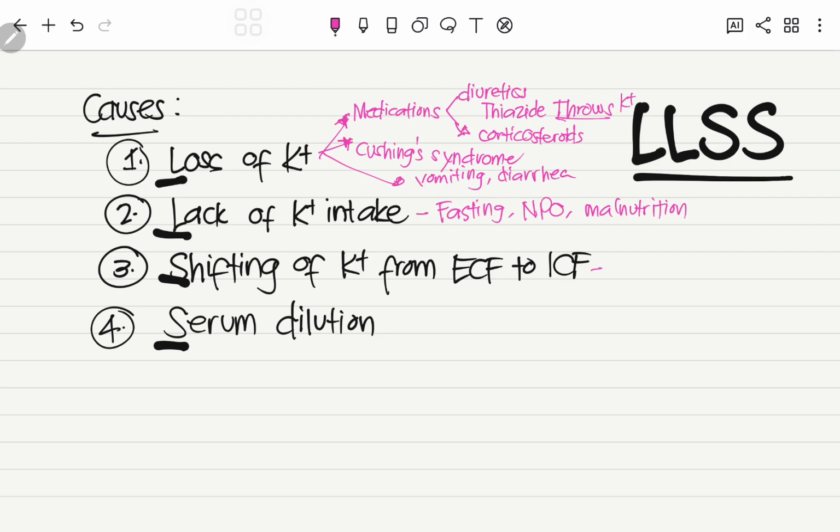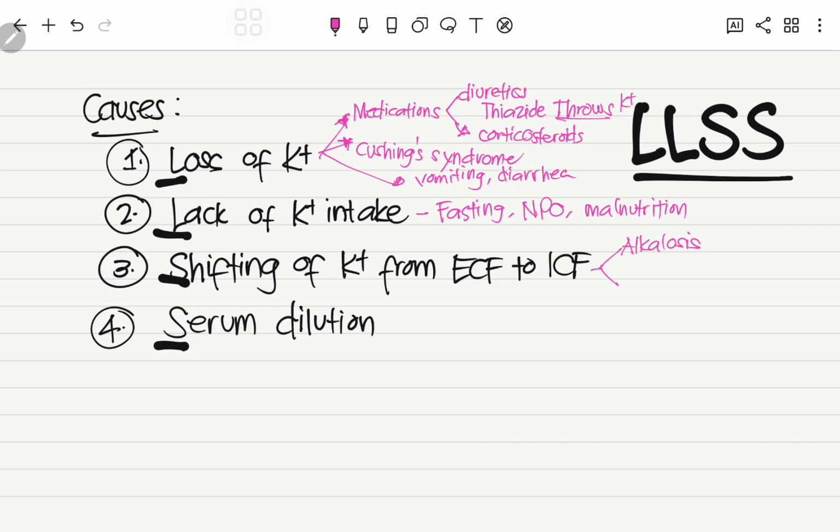So, ano ba yung mga condition that can lead to this one? Meron po tayong dalawang pinaka-famous dito. Number one is the condition of alkalosis. Tandaan po natin yan, that alkalosis leads to the shifting of your potassium from the bloodstream going inside the cell.